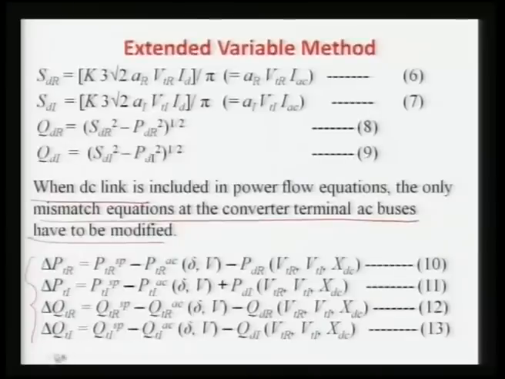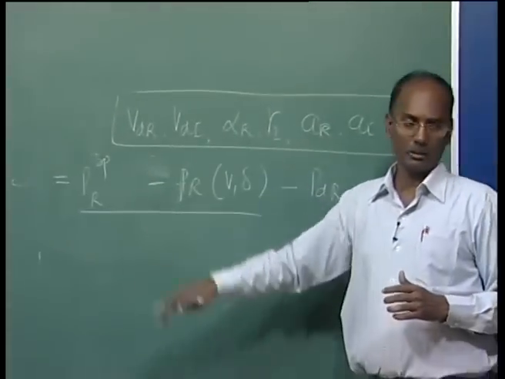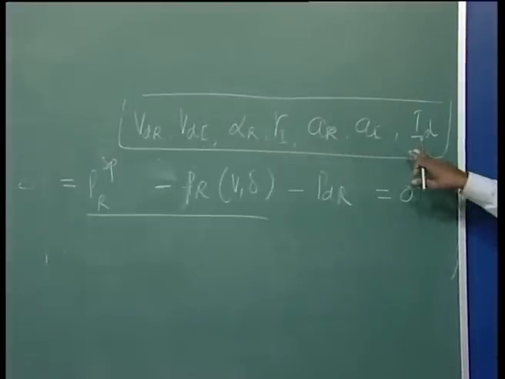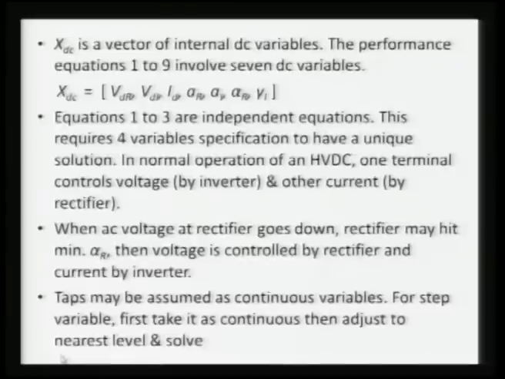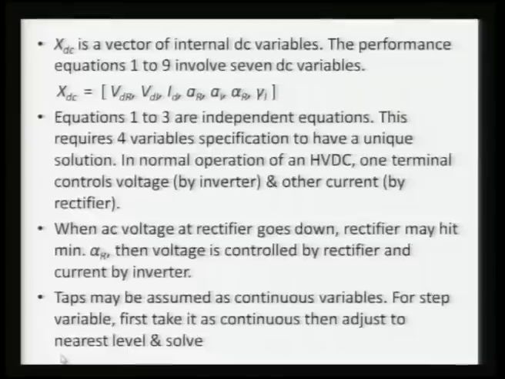Now, as I said, in these 3 equations we have 7 variables, and that is why it is called XDC. This XDC is represented by the 7 variables, and we have only the 3 basic equations, which means 4 should be specified. The XDC vector is the internal DC variable, and the performance equations 1 to 9 involve the 7 DC variables.